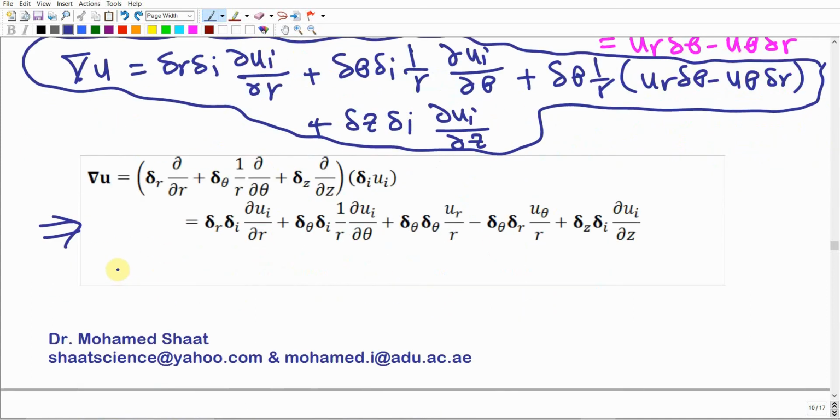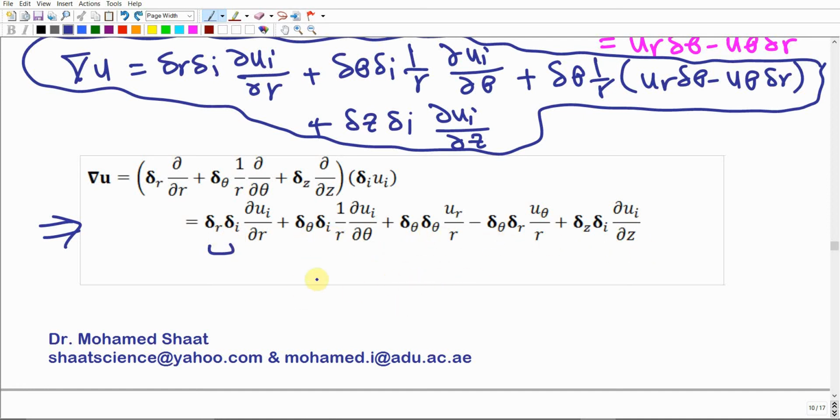How about the nabla u transpose? For the transpose of this term, your objective is just to switch these i's. Instead of delta_r delta_i, it's going to be delta_i delta_r, and delta_i delta_theta, and so on.